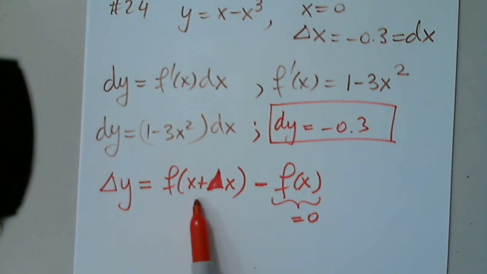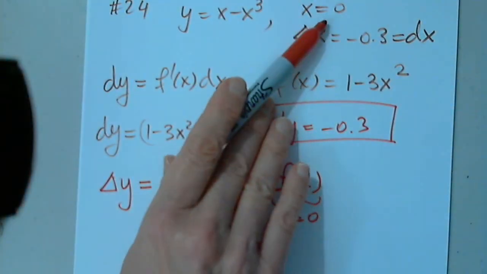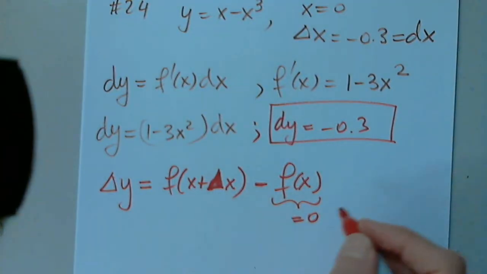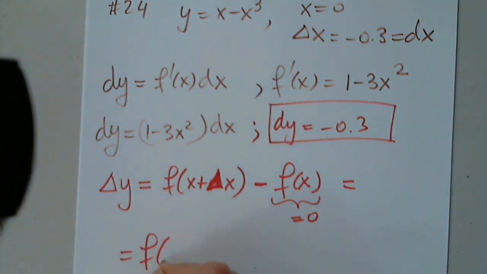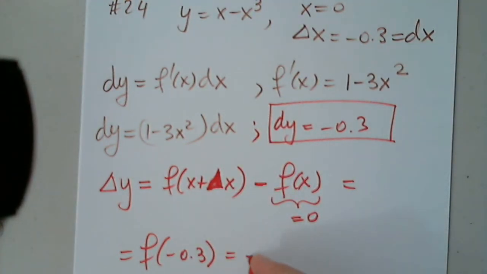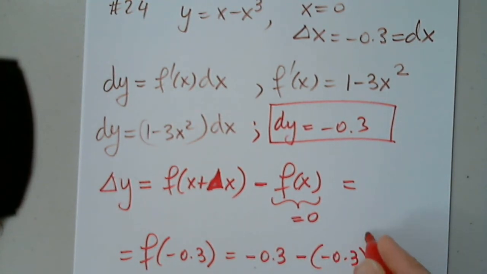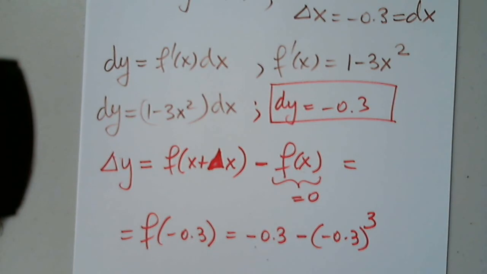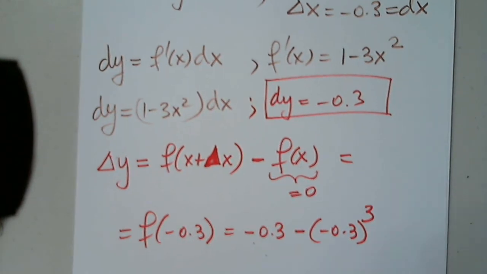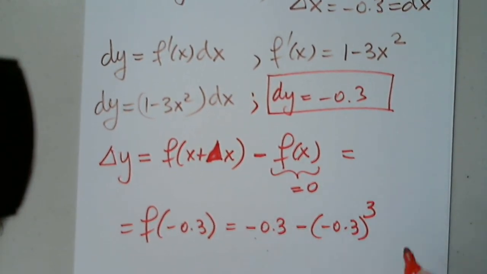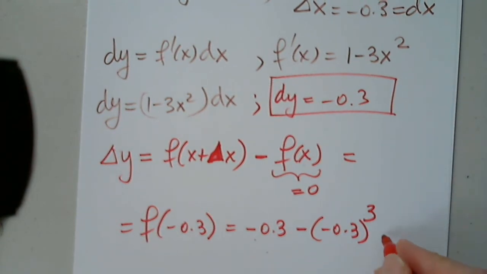But this one, it's 0 minus 0.3, so I have to find f of negative 0.3. That's not a problem with the function. Okay, fine. Minus negative 0.3 cubed. 0 really helped because otherwise I would have had more work to do.